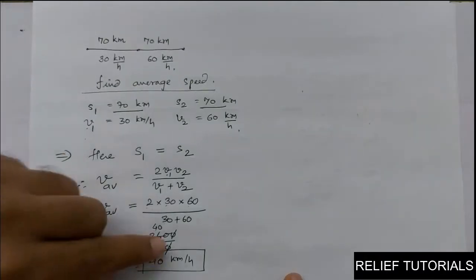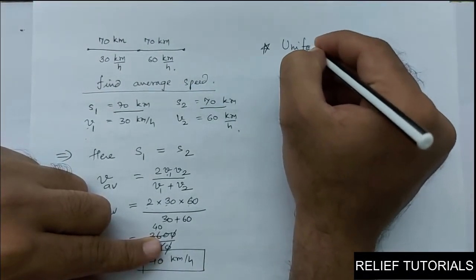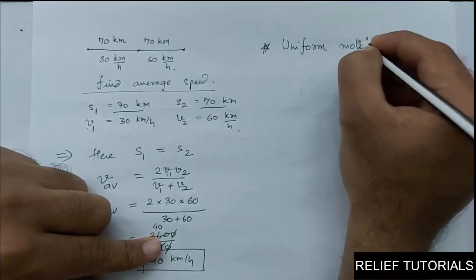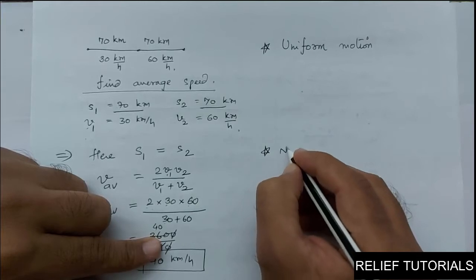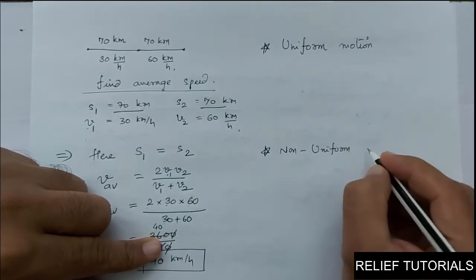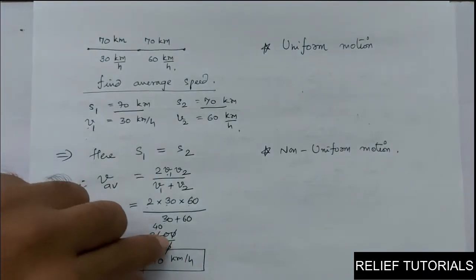Now we have to understand two terms. Uniform motion and non-uniform motion.